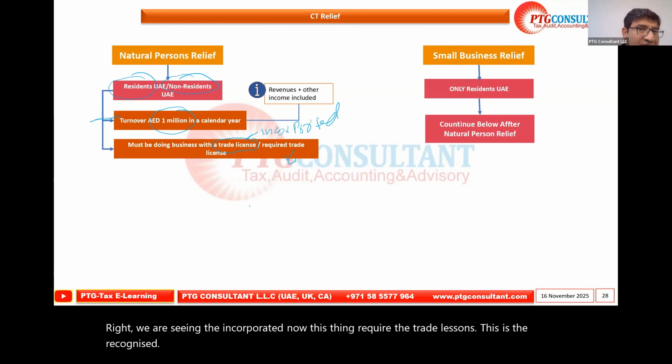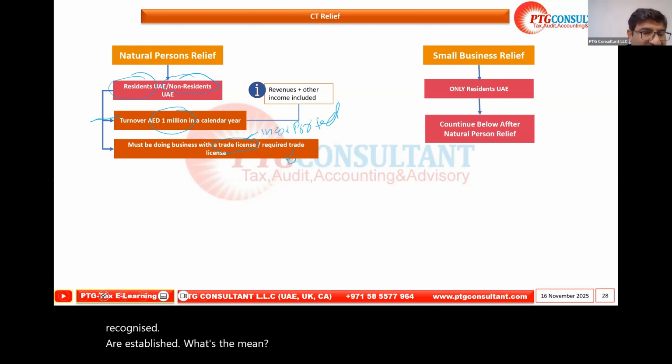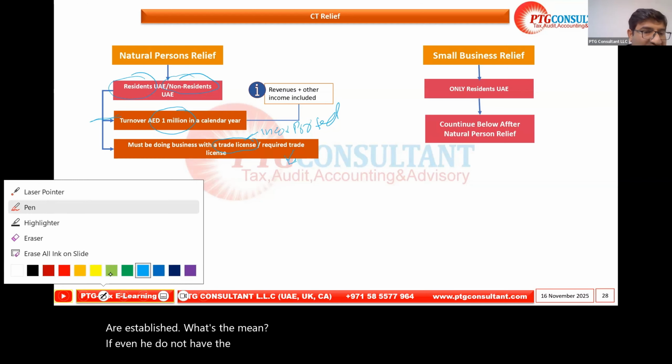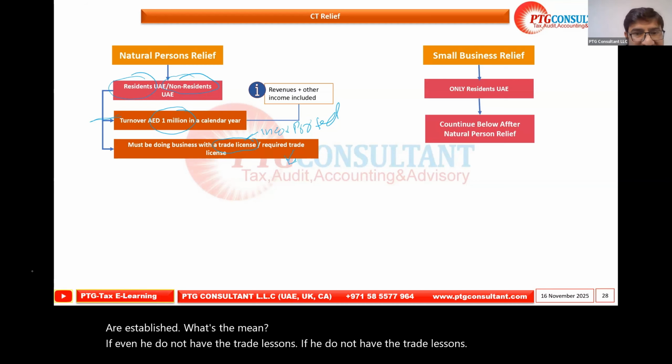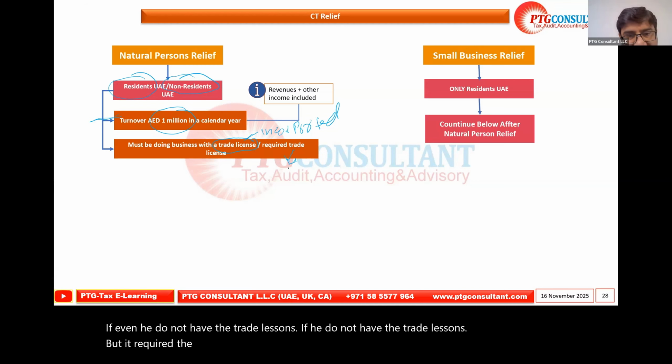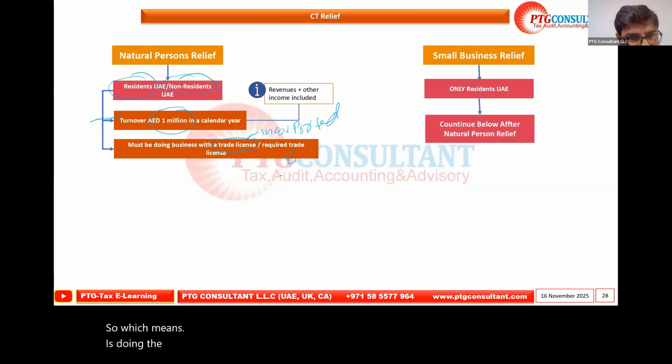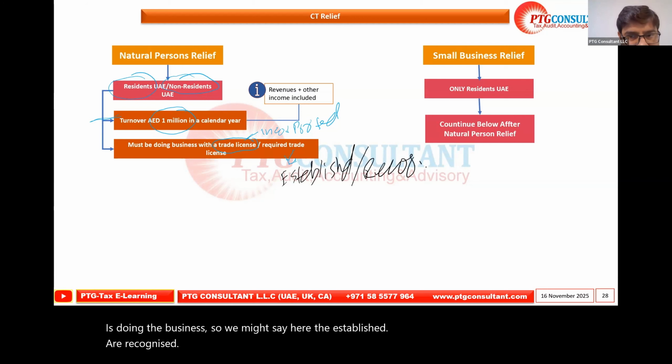What does that mean? Even if he does not have the trade license, but it requires a trade license, it means he is doing the business. So we might say here established or recognized. Why?